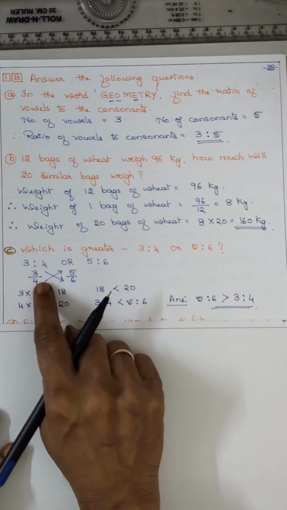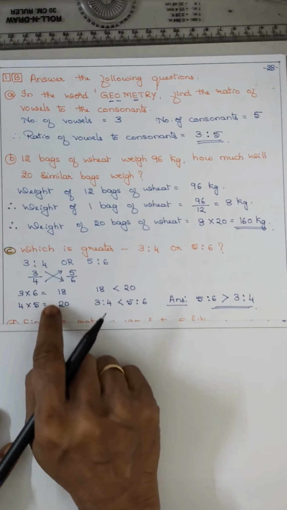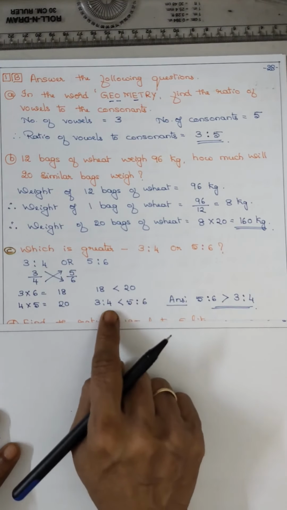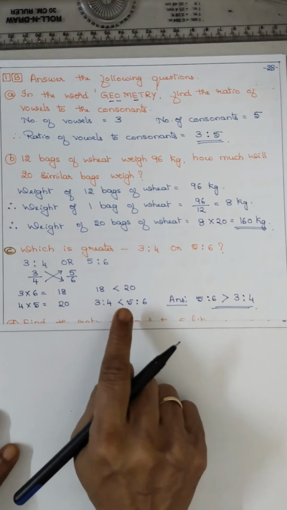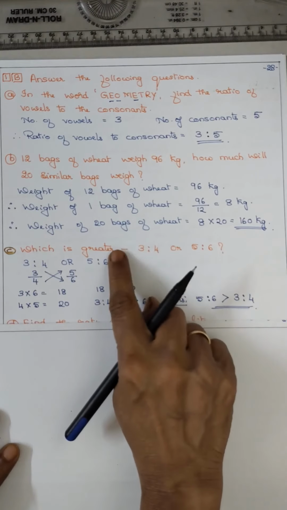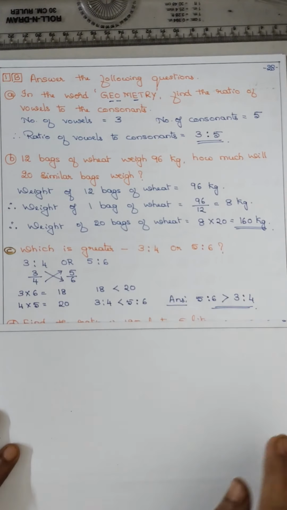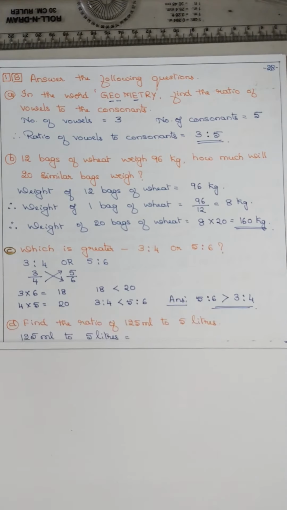First write in the fractional form, cross multiply, get the answer and compare the numbers, then compare the ratio. If the first ratio is lesser than the second, they have asked the greater, that is why the second one you write first and put the greater than sign, then the first ratio.